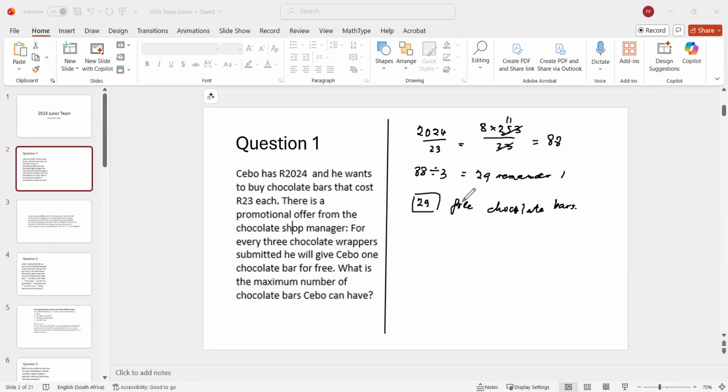Now that's not the end of it, because from these 29 you can get another 29 wrappers. And if you take that 1 wrapper which you got from the previous one, he's got 30, which allows him to get 10 free chocolate bars, but there are no wrappers remaining.